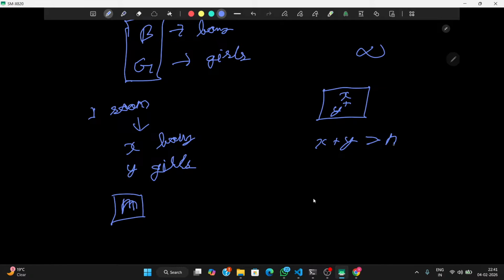If X plus Y is greater than N, we cannot give a solution to this problem, as in one room there should be at least X boys and at least Y girls, but also there can be at most N people in one single room. So if this condition holds true, then the answer will be -1.